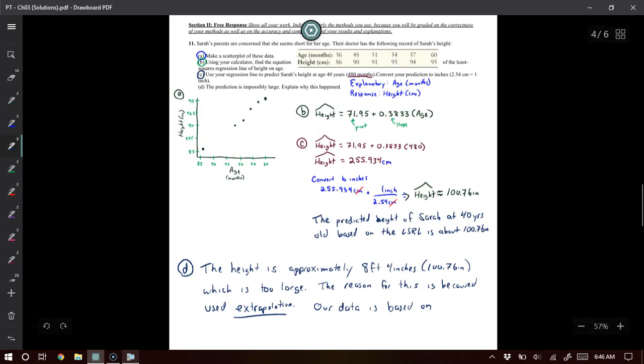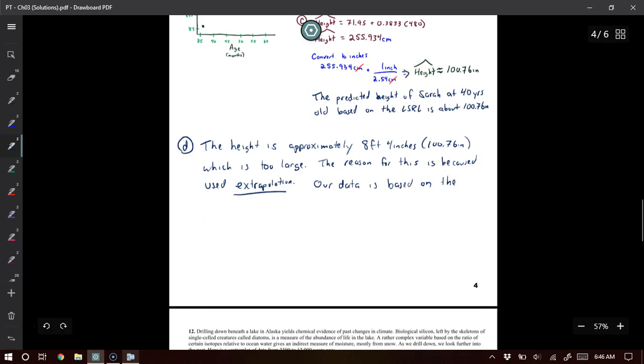I mean, this would be 3 years, 4 years, up to 5 years right there. So it's only based on the ages in the interval of 3 years to 5 years for Sarah. The linear pattern of the least squares regression line will not extend out. It will not continue to 40 years.